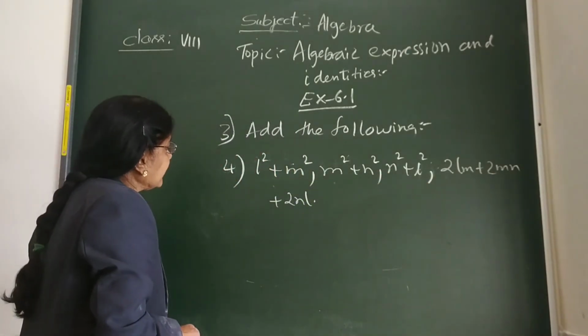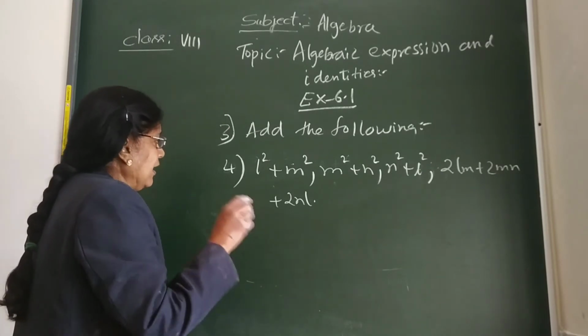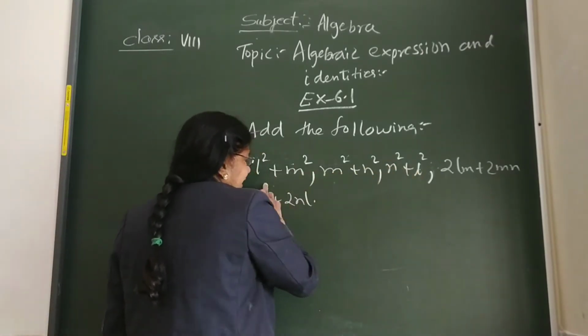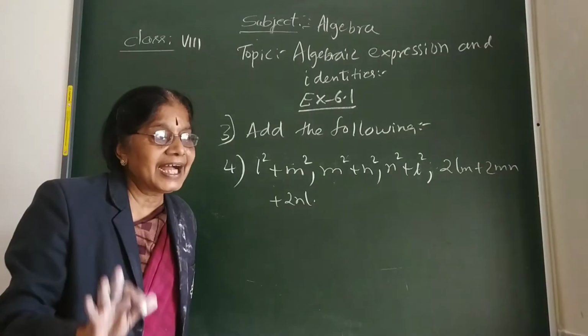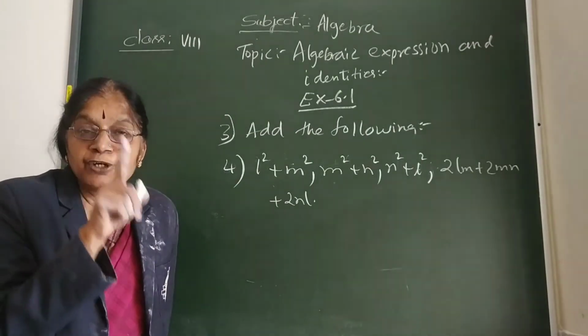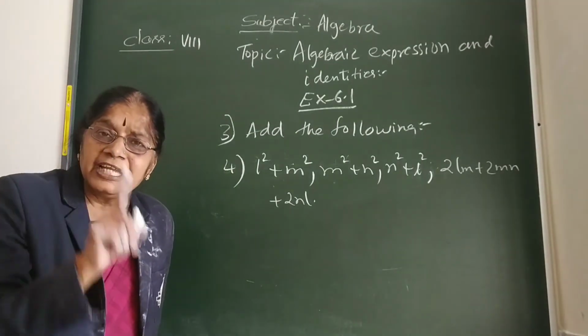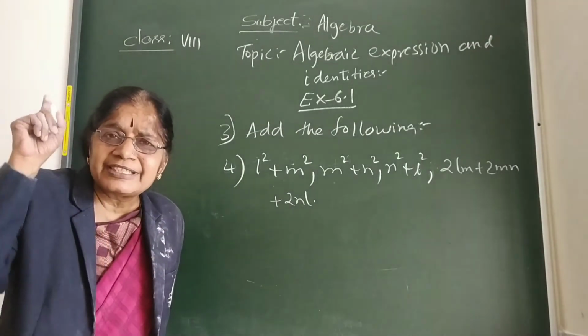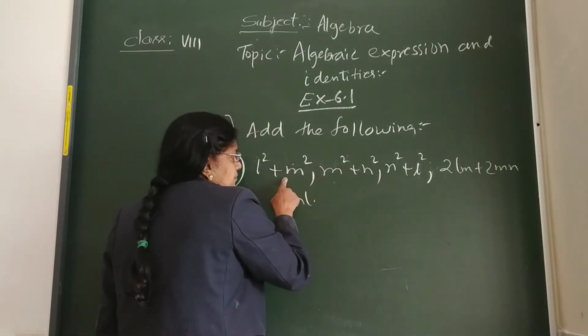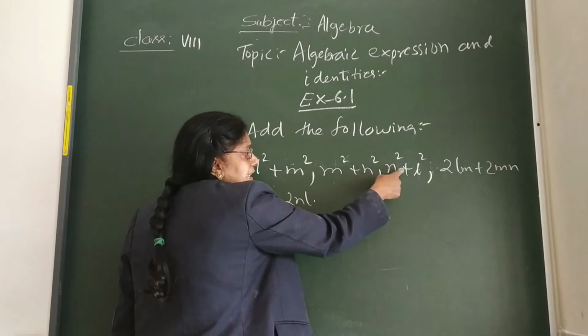So what shall we do for this? First we will take the same terms, you can see. So we will not do vertical addition, we will do horizontal. Keep in mind, binomial horizontal addition can be done only when the same variables with the same powers are given. Here you can see L square is there, m square is there, m square is there, n square is there, n square is there.